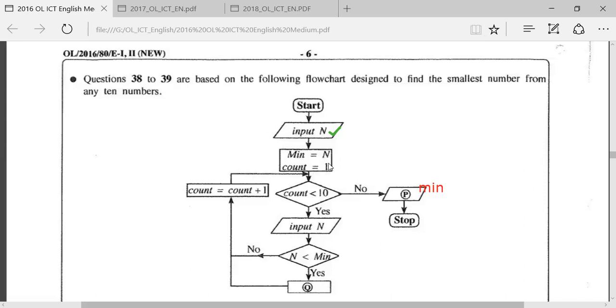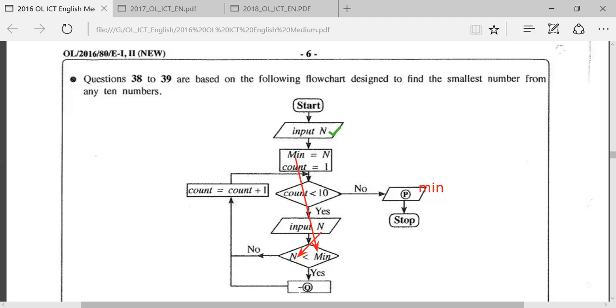Input n. So again, input n means you are going to insert the second number, right? This second number is compared with the first number, n less than min. So the second number is less than min or not. If the second number is less than min, it will go to yes part, and min will be equal to which one? The new n.